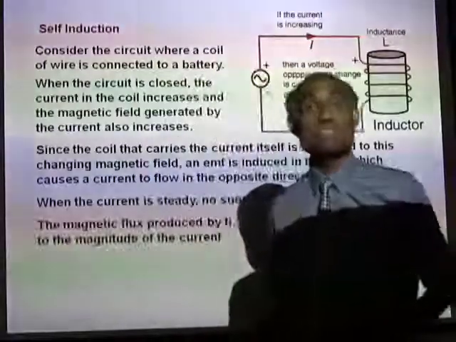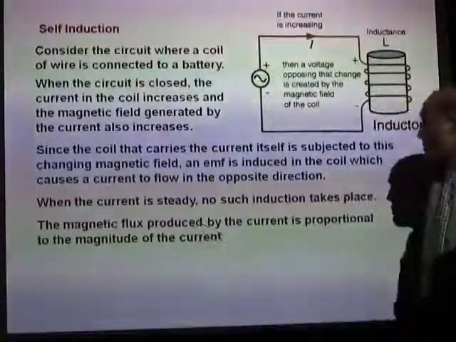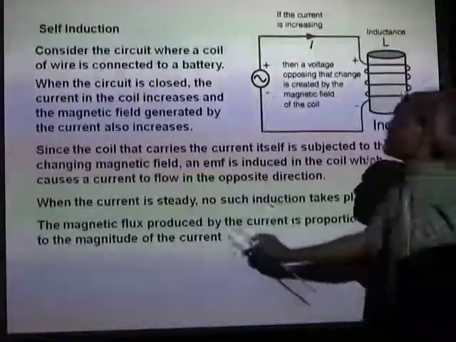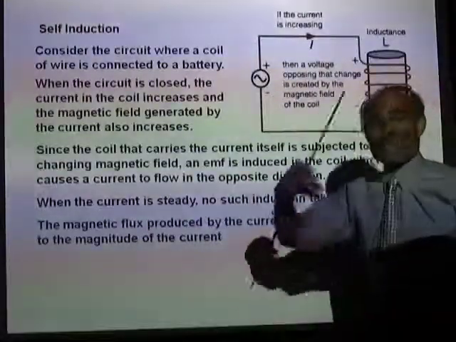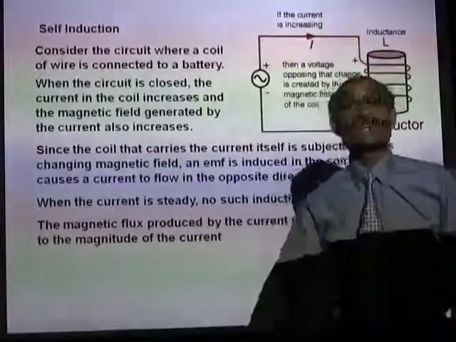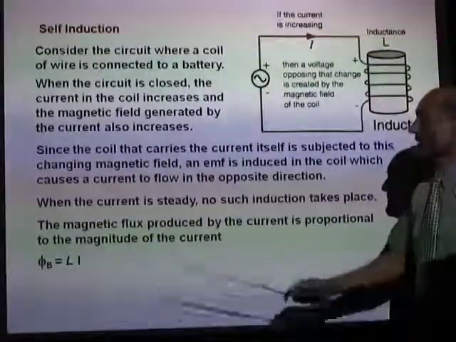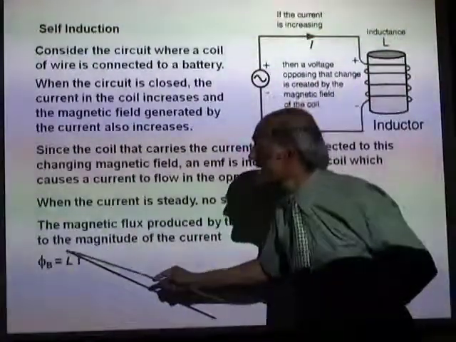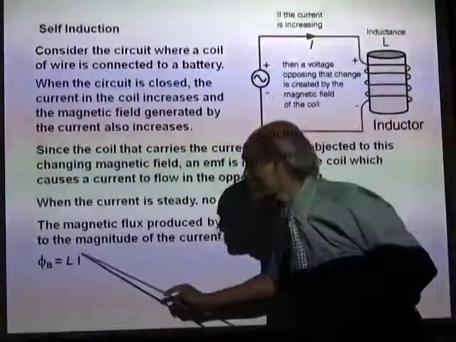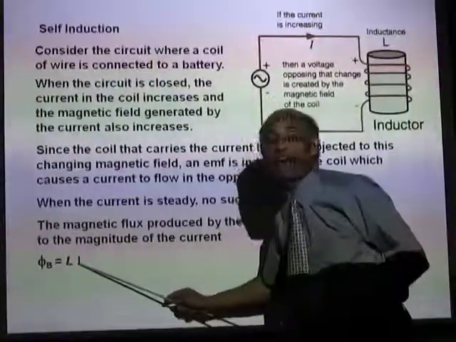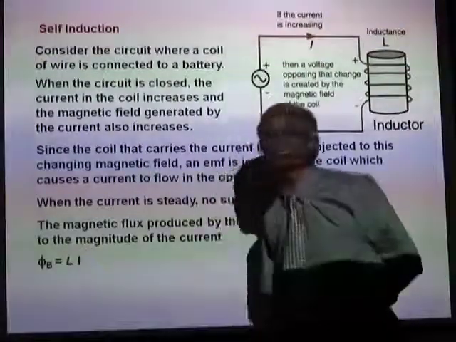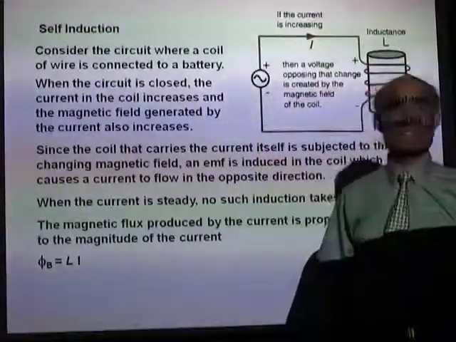It also remains steady. The magnetic flux produced by the current is proportional to the magnitude of the current. Is that right? Greater the current, greater will be the magnitude. That means phi B is proportional to the amount of current, or phi B equals L i, where L is the constant of proportionality.